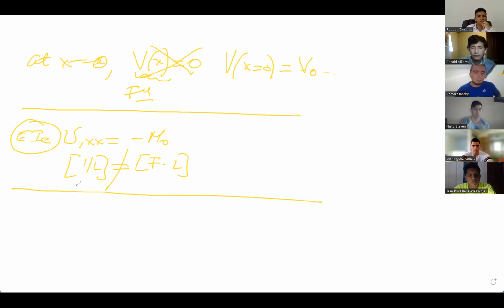Another thing that worries me is that you have to consider the section of the beam. This is the baseline. Here you measure y prime.